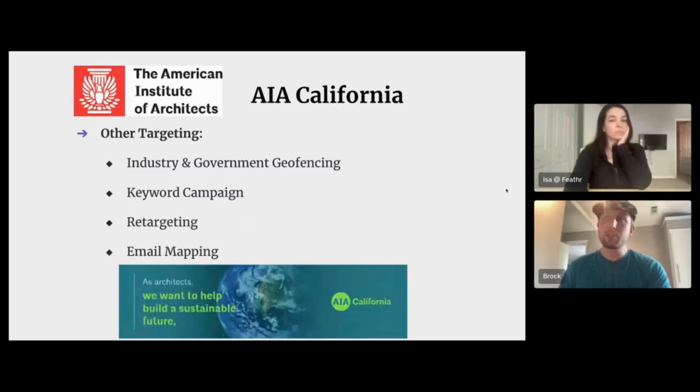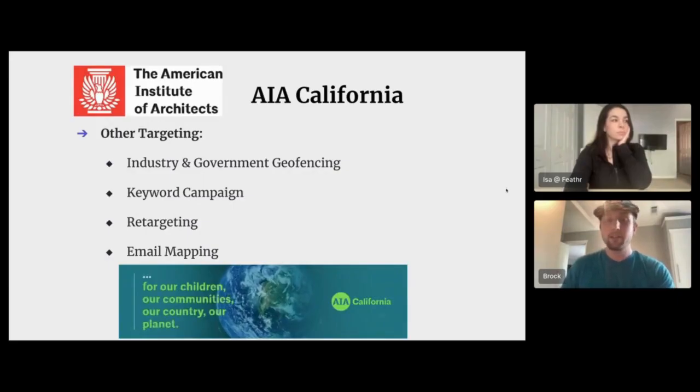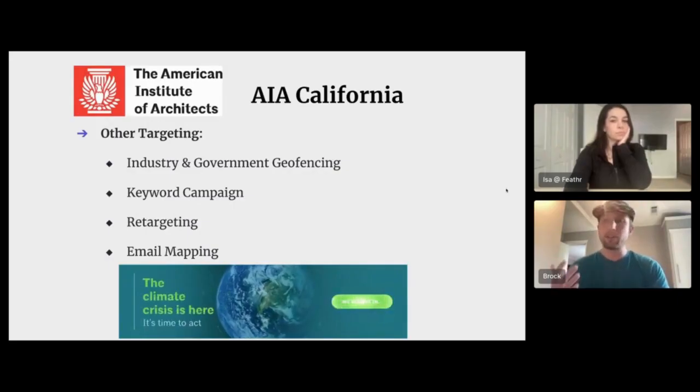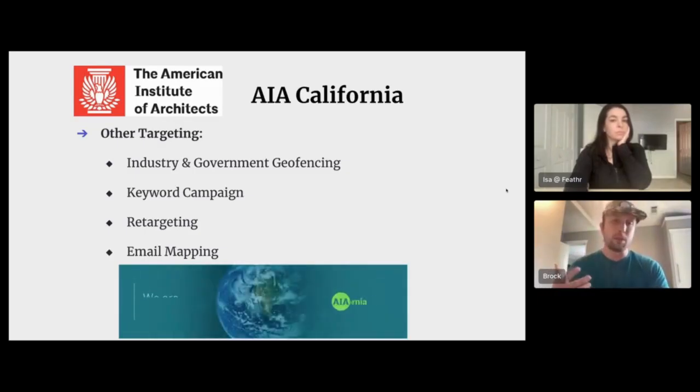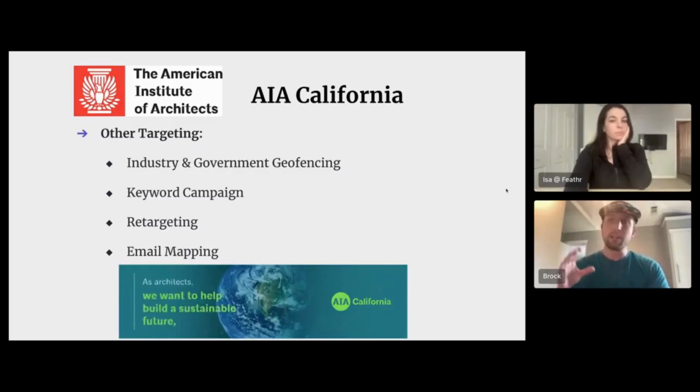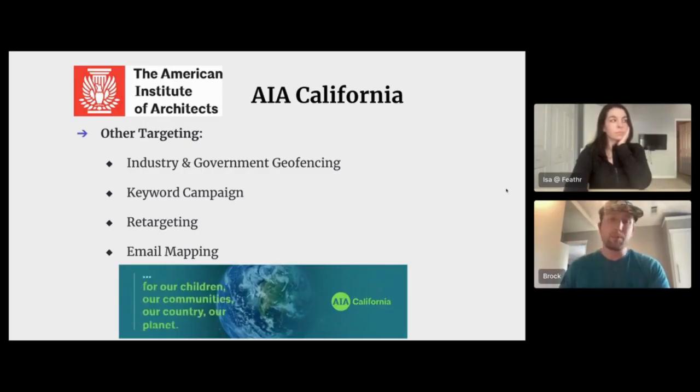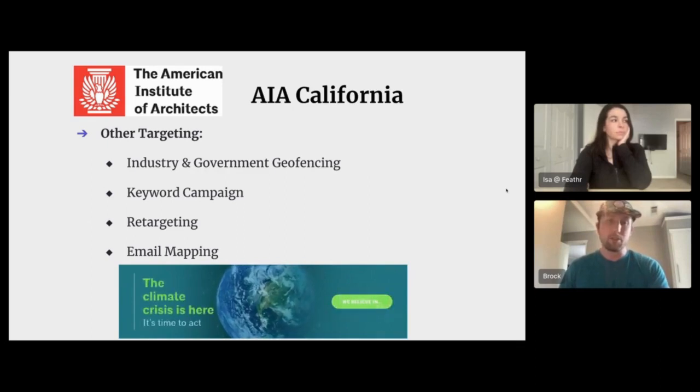Retargeting, and not just website retargeting, but also retargeting people who have viewed the ads to continue showing them new, fresh ads, such as this one, which is different than the one that they would have viewed to enter that targeting in either of those four categories that I mentioned earlier. And then finally, email mapping to showcase all of this to some of their most valued members.